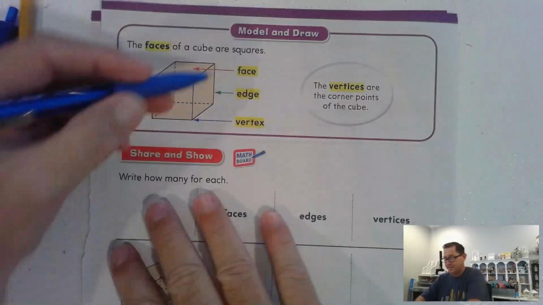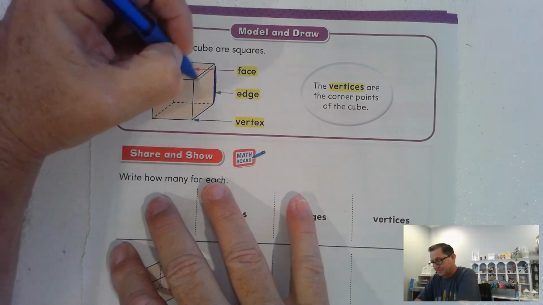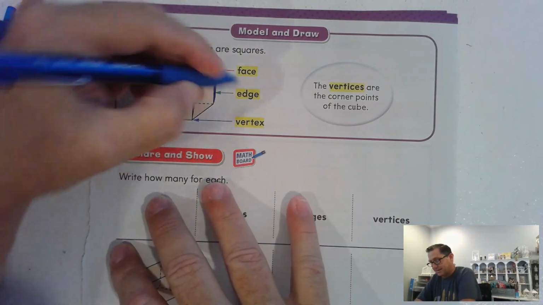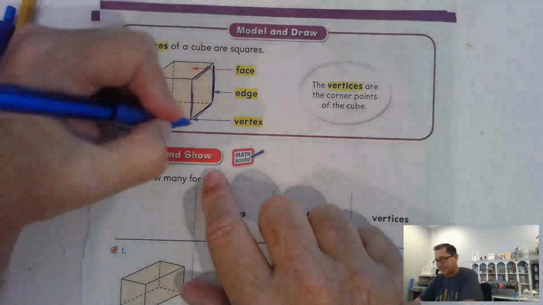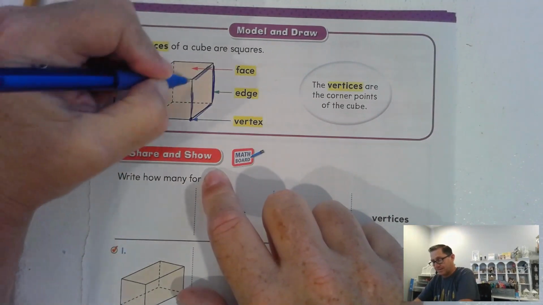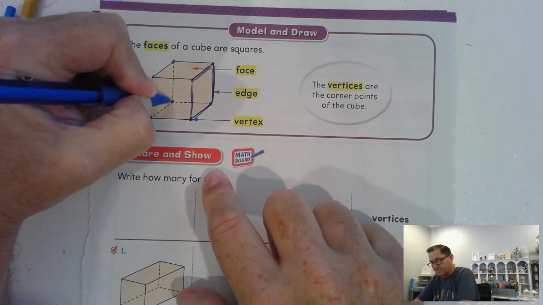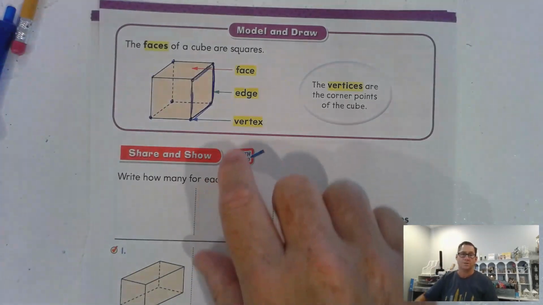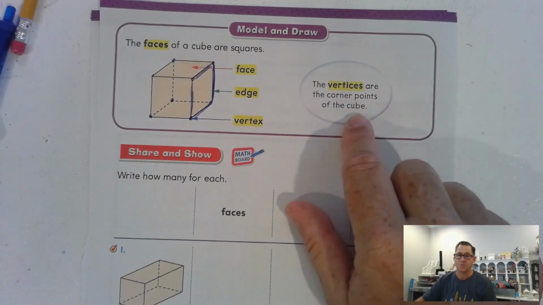An edge is basically the side. And a vertex is the corners. You could put circles for all the corners or vertices. The vertices are the corner points of the cube.